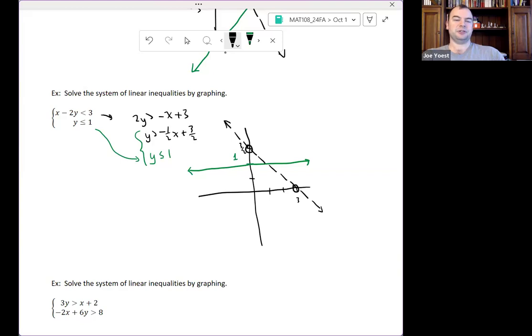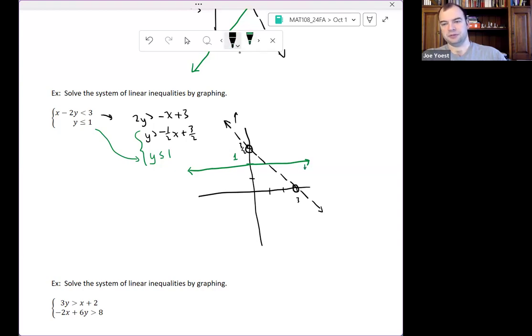And then again, because I have a strict inequality, y has to be strictly greater than this. I will draw that line as a dashed line. So points on that line cannot satisfy the system of linear inequalities because they wouldn't satisfy the black inequality. Now I know that y has to be bigger than the black inequality and less than or equal to the green.